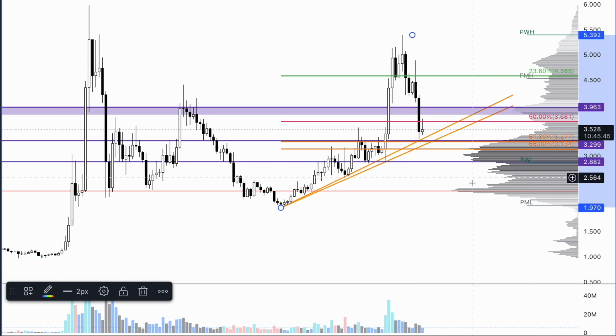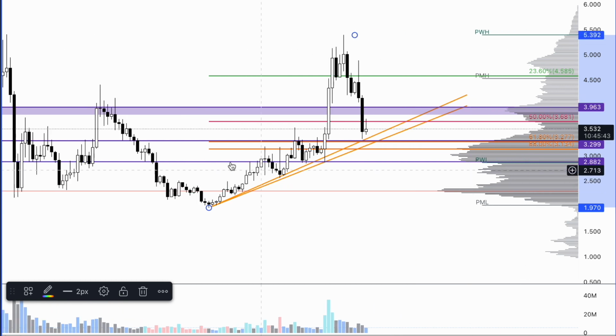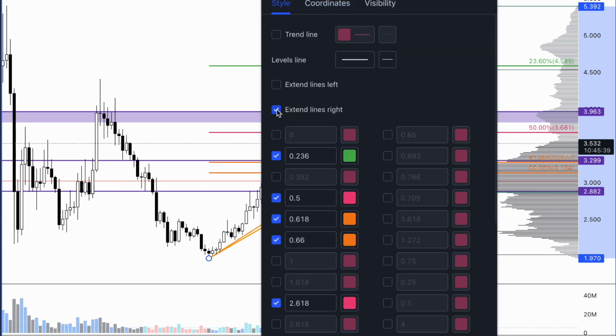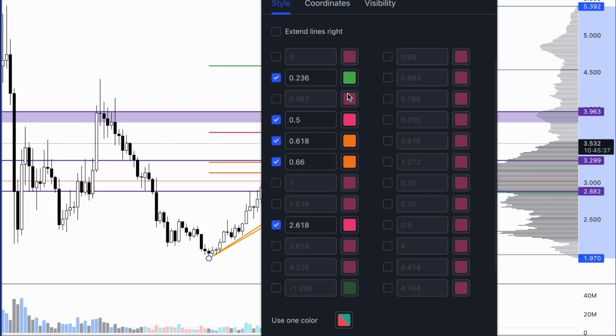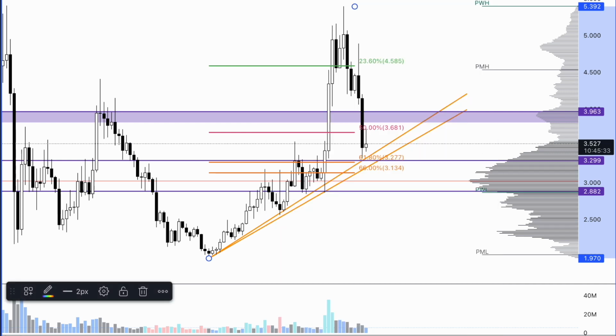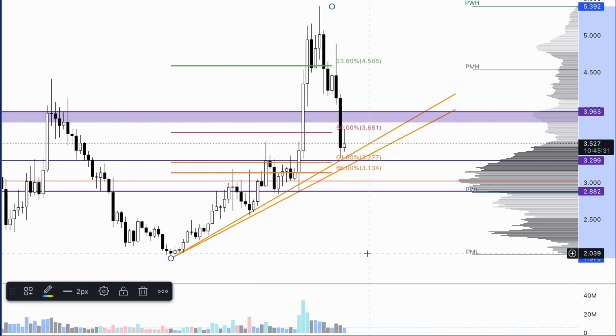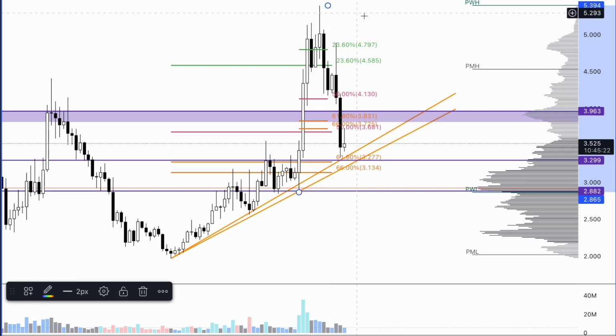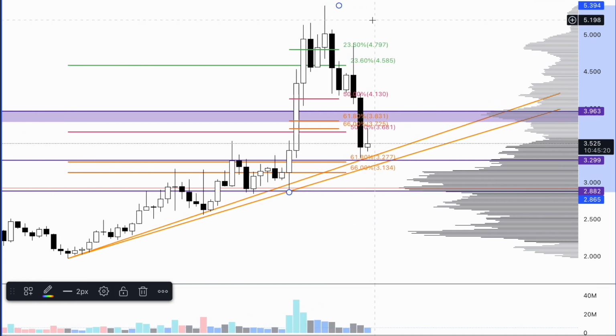All right, so on the fibs, this is the bigger move, and what you can do is kind of do that, right? It's harder. So what do we have?